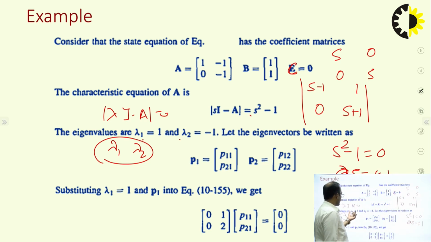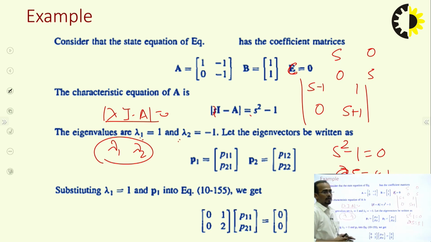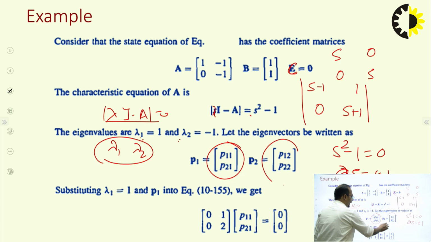So λ1 will be equal to 1 and λ2 is equal to -1. By putting these values in this equation, replacing s by λ to avoid confusion, I can get the values of P1 and P2. These are eigenvectors: P1 equals P11, P21 and P2 equals P12, P22.